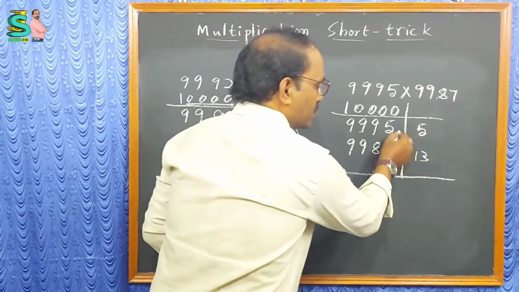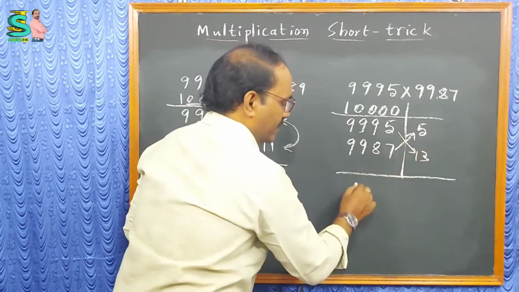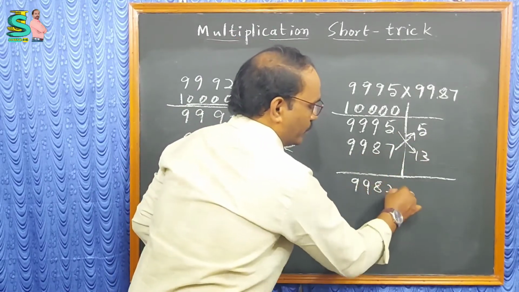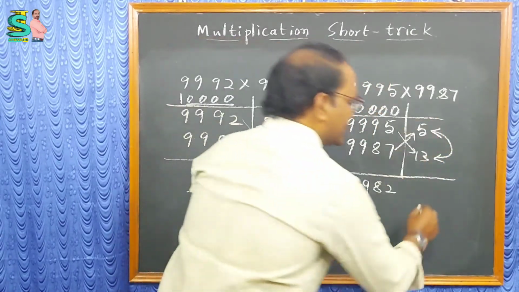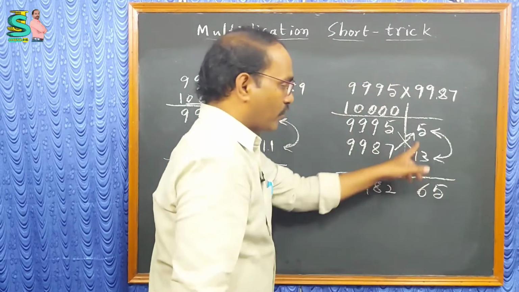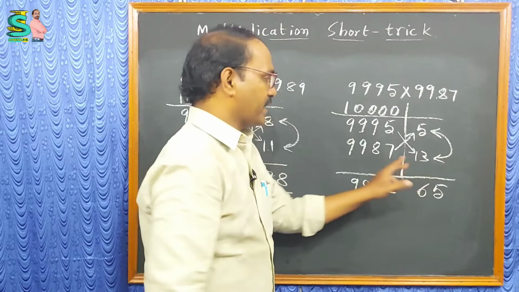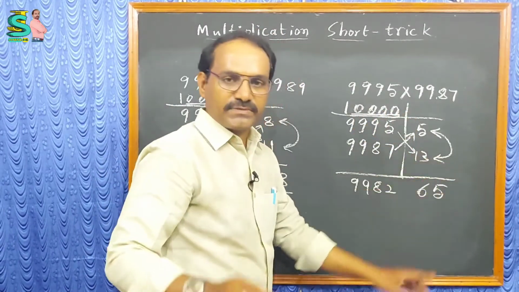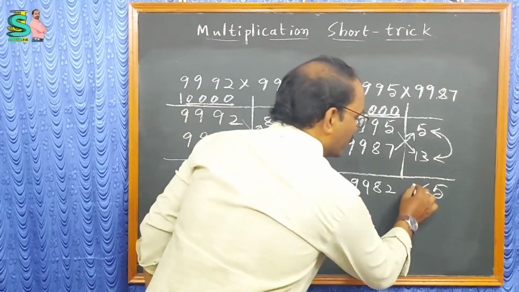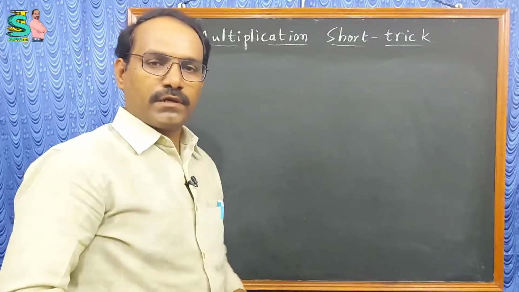Now do the subtraction like this or like this. 9987 minus 5 means 9982, and then the product of these two, 13 5s are 65. How many digits are there in the product? Only 2 digits are there, but here 4 zeros are there, that's why the product of these two numbers must be a 4-digit number. So you can keep 2 more zeros. Is it useful?